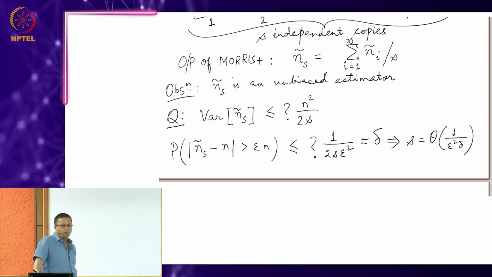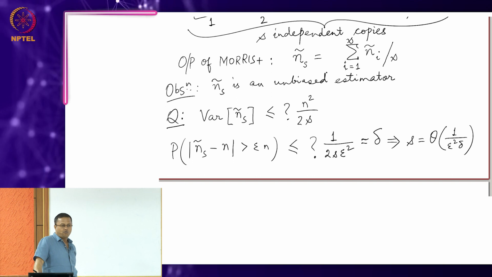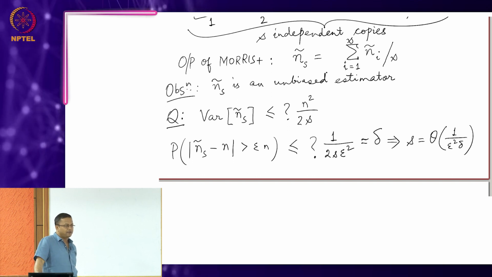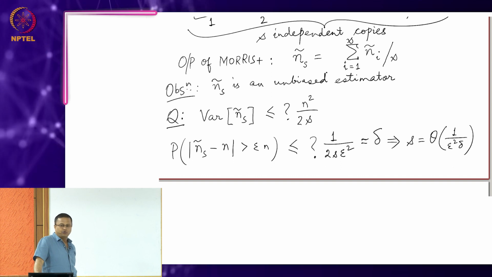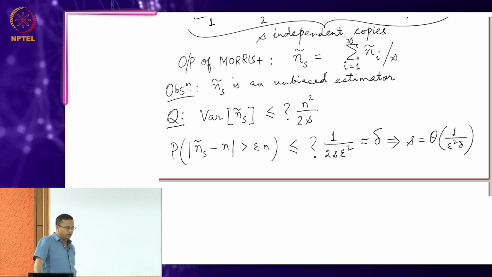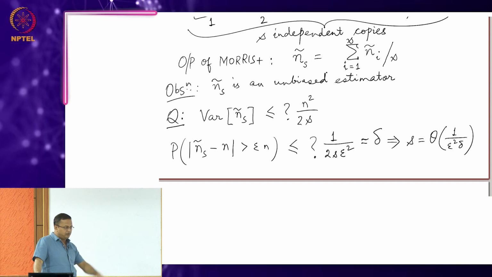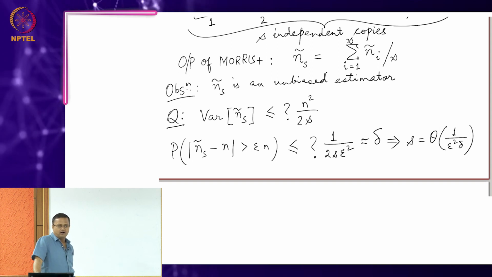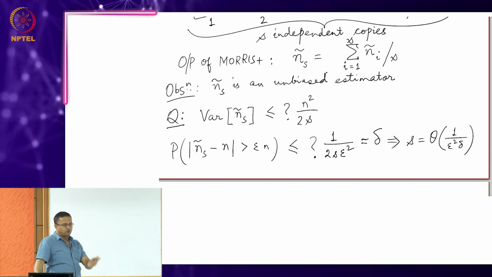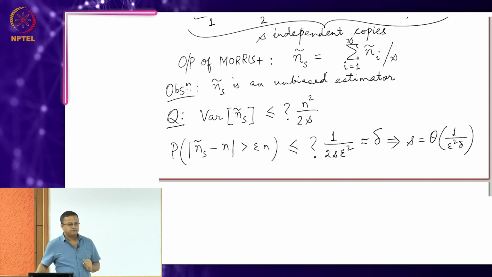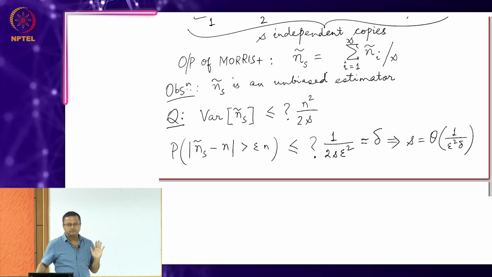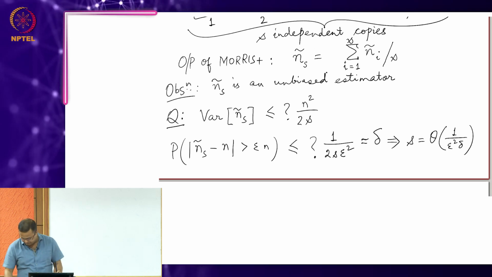Any doubts till now? Till now we have not used the Chernoff. We will show you how we can use Chernoff here to bring down the error probability even further. So if you have doubts till now, get them cleared. None? Fine, let us move forward.